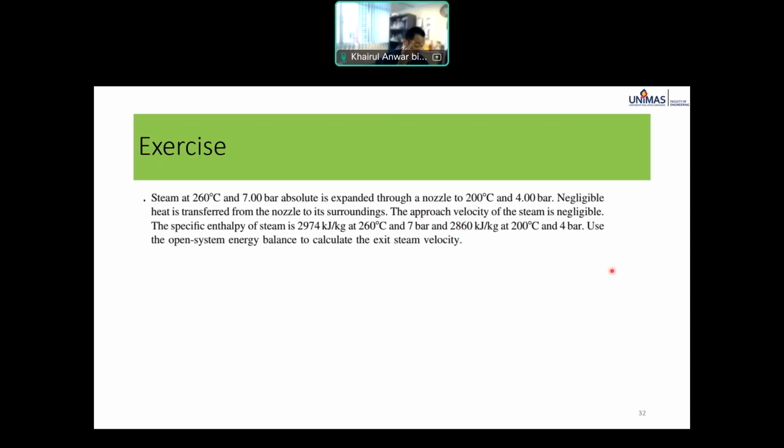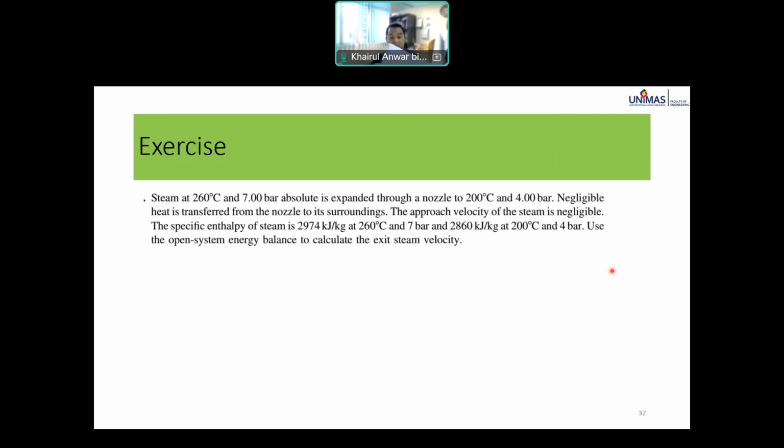Then delta H equals negative delta EK, which is m over 2 times u2 squared. We need to use this equation, 7.4-15. Before you get 7.4-15, the open system energy balance has a derivation.